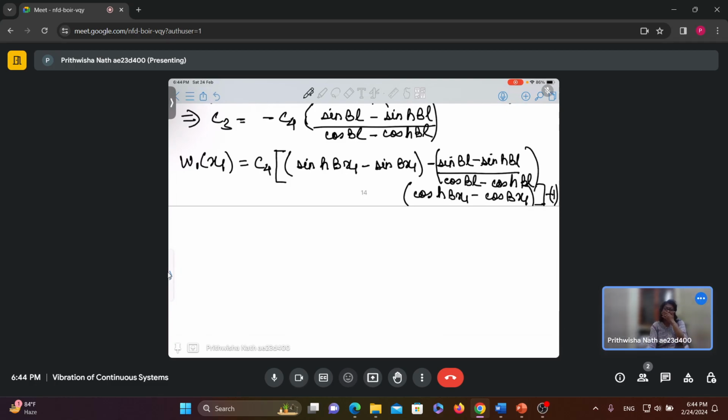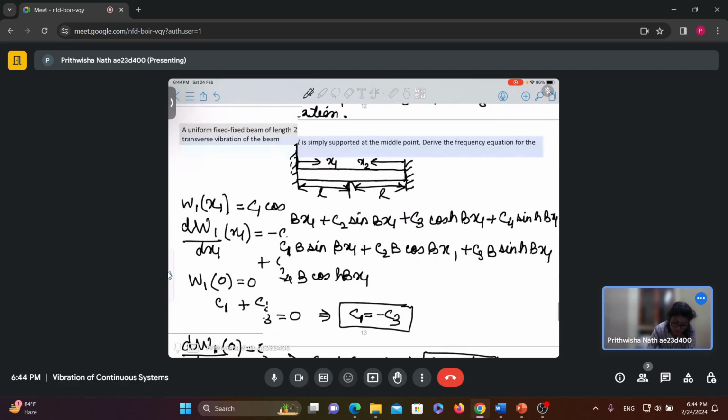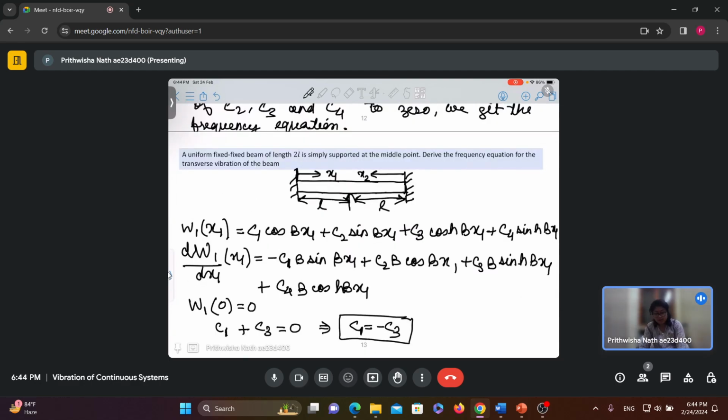Now I'll write W2 as a function of x2. x2 is in this direction, as can be seen from the figure.